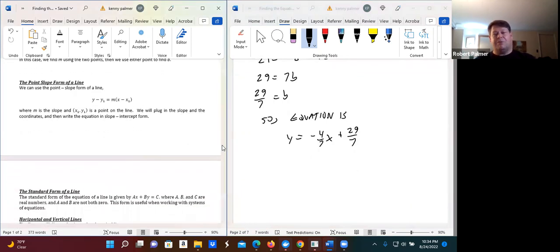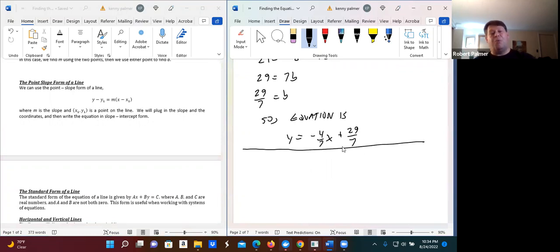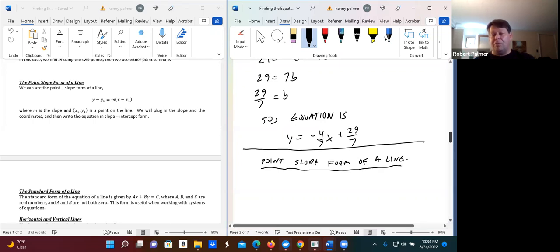So now the next concept I want to talk about is another form of the line, another equation of the line, called the point slope form. Okay, the point slope form of a line. This is just another form of a line.